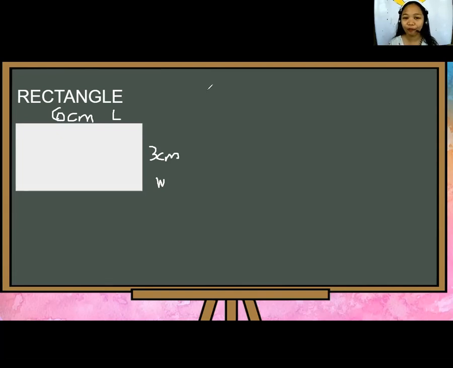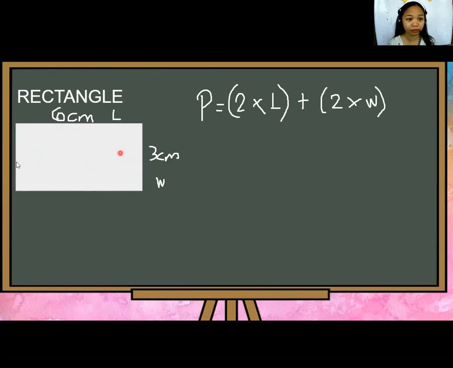Grade 4, the formula in getting the perimeter of a rectangle is equal to 2 times length, because if you can notice, dalawa yung length natin, plus 2 times width. Kasi if you can notice, dalawa din yung width natin na parehas.